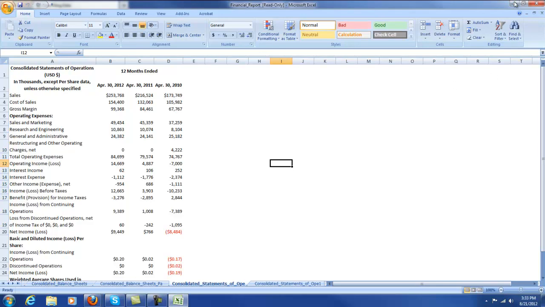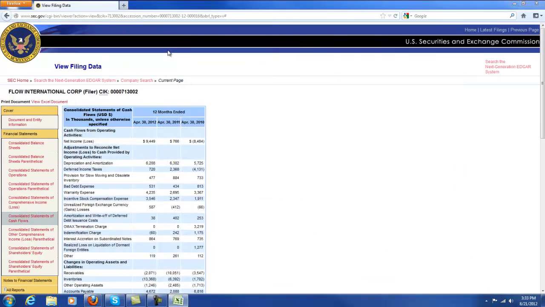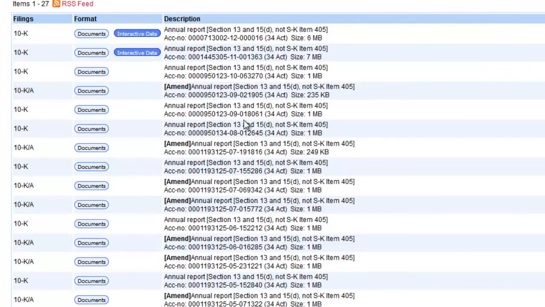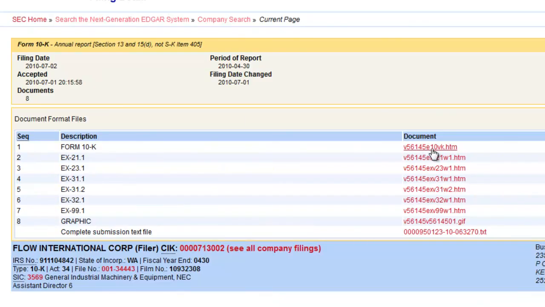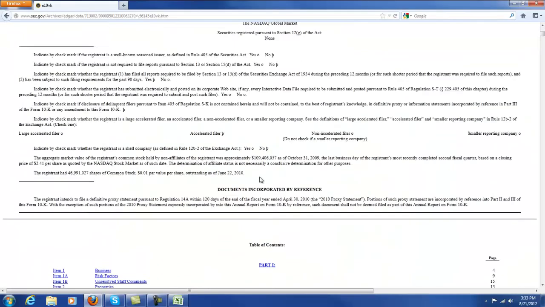That's the good thing. The bad thing is that XBRL data is only available for the last few years, which means that if you want to have access to a 10K from 2006 or 2004, unfortunately there is no data files.